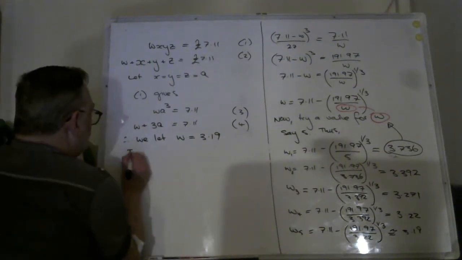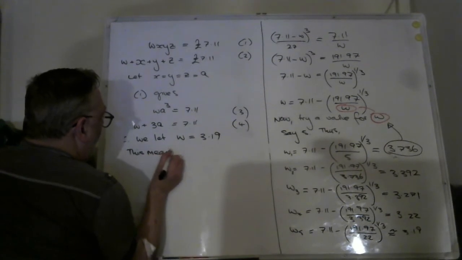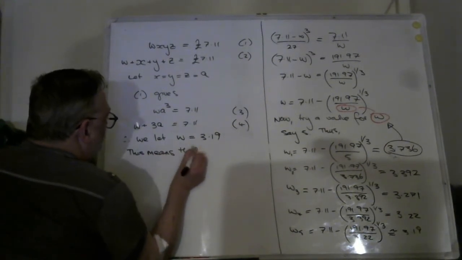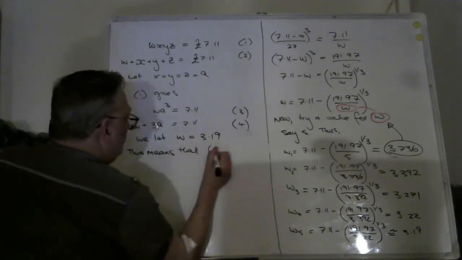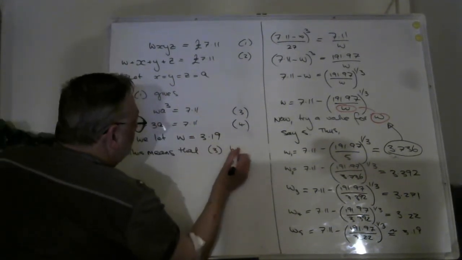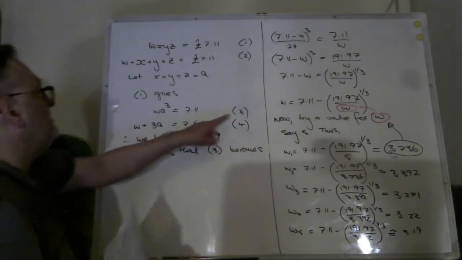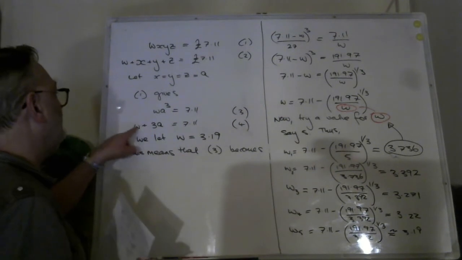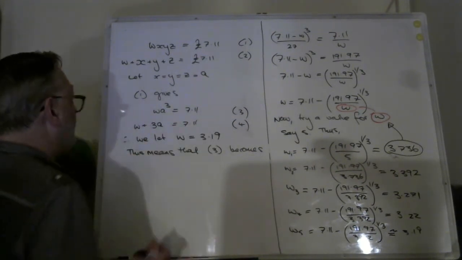This means that equation 3 becomes, and it's easier, I'm choosing equation 3 for this, but you could resubstitute everything into equation 4 and you should get the same values.